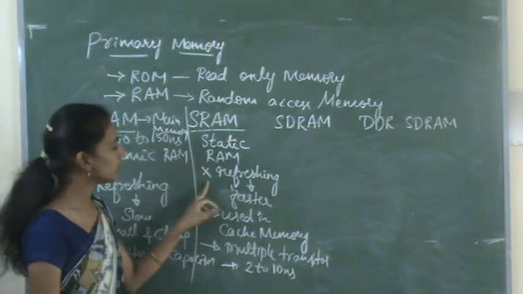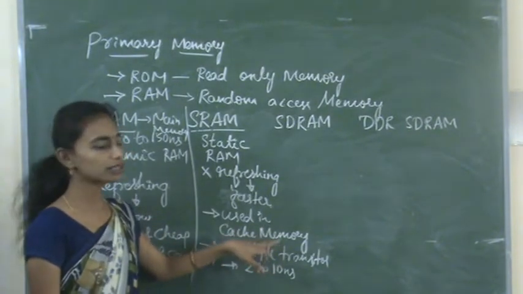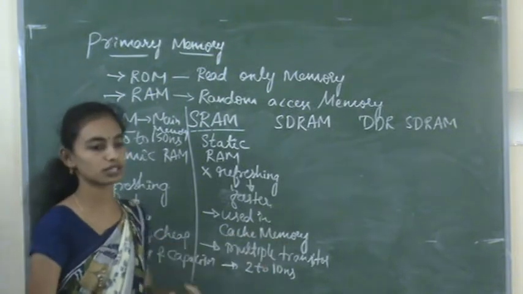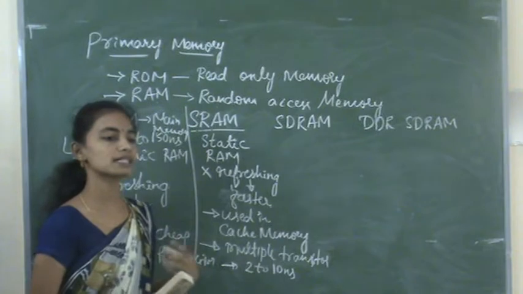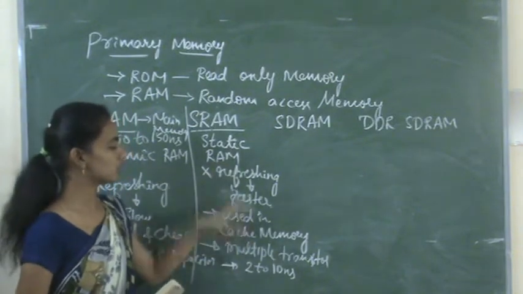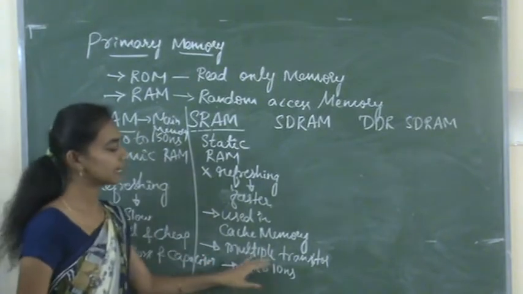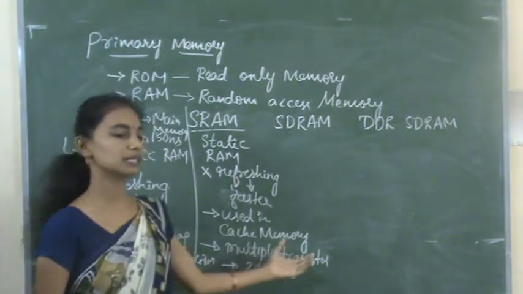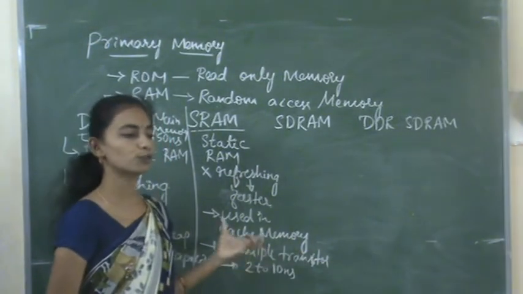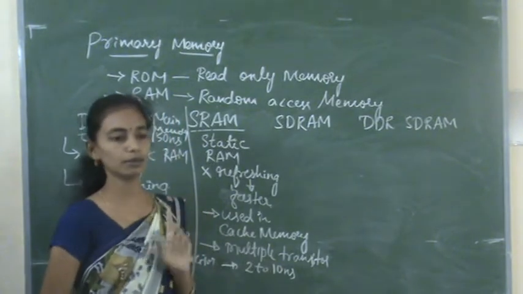Next, it is used in the cache memory. Why? Because it is very fast, with high performance and high speed. It uses multiple transistors, around 4 to 6 transistors for a single memory cell.